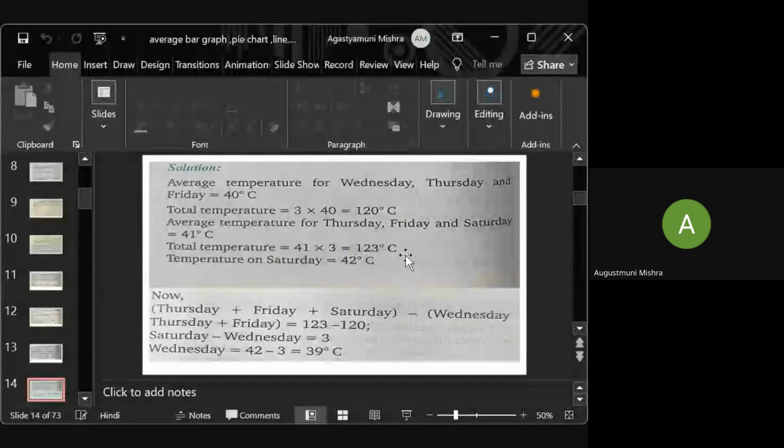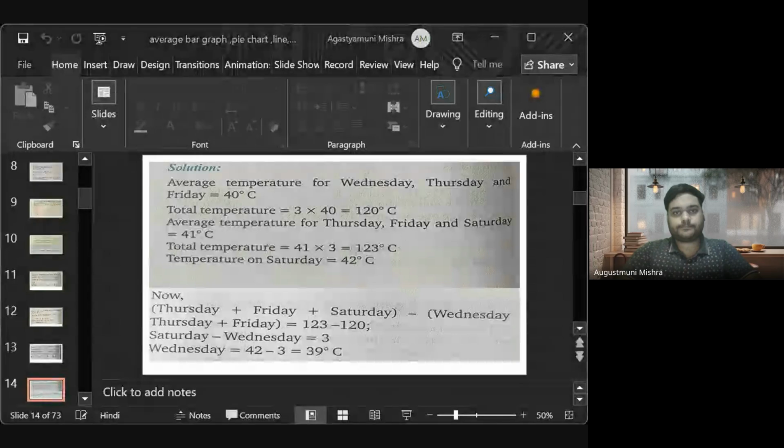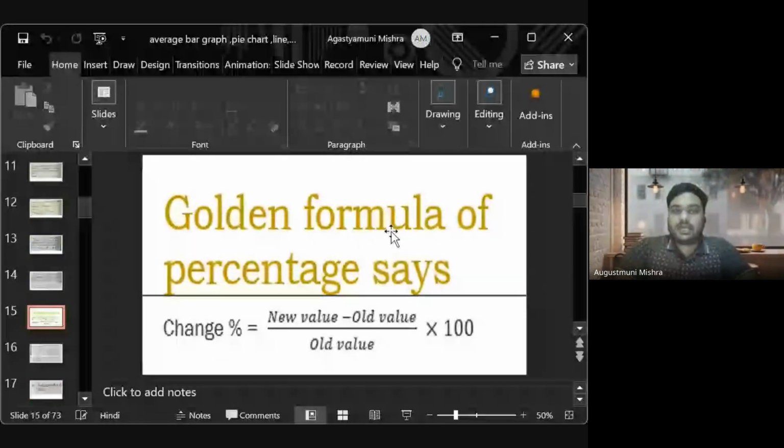Now I'm just changing the slide and we'll move to another part of today's session. Okay, so this is another part which we are going to discuss today. That is the part of data interpretation.